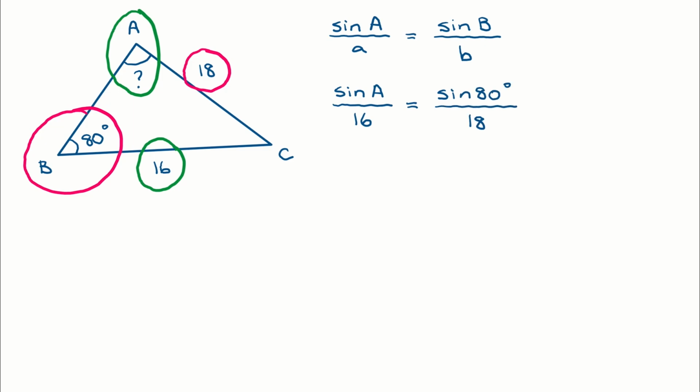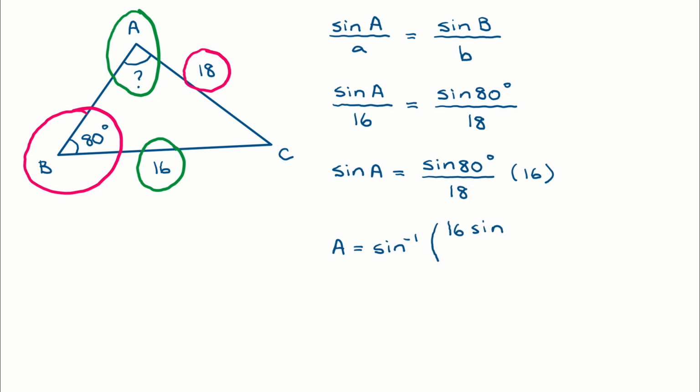So first, let's get sine A by itself. And we're going to do that just by multiplying both sides by 16. So sine of 80 degrees over 18 multiplied by 16. And then to solve for A, we are going to take the inverse of sine of both sides. So A would be equal to arc sine, or sine -1, 16 sine of 80 divided by 18.